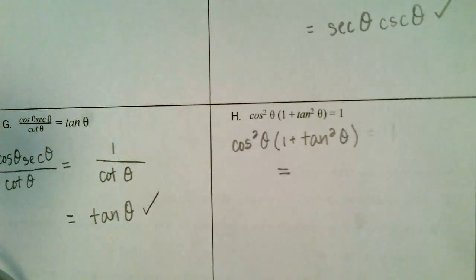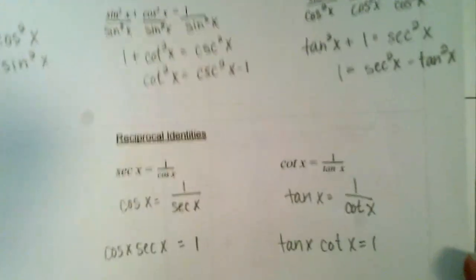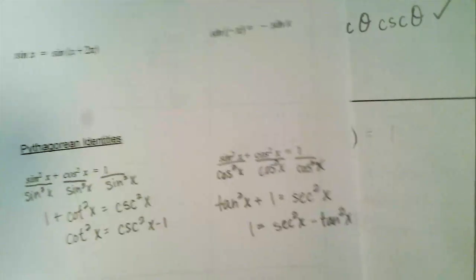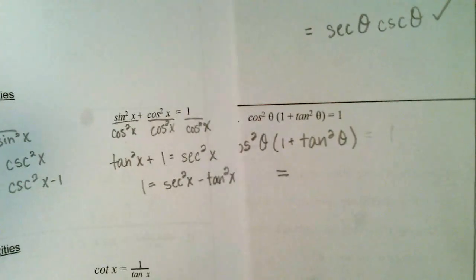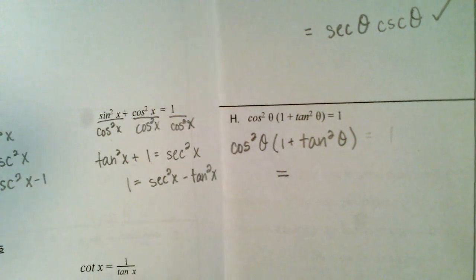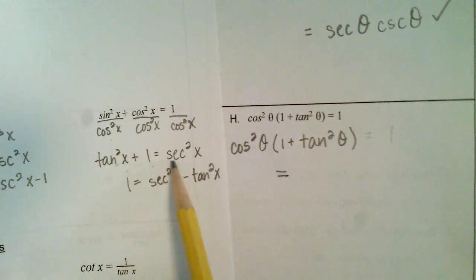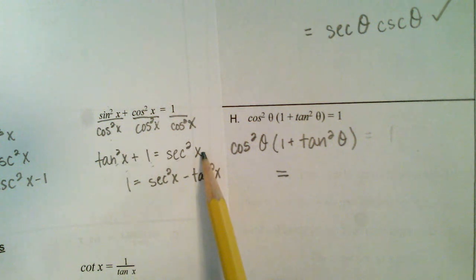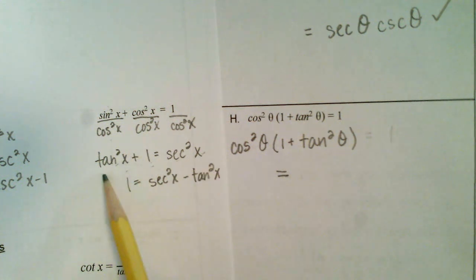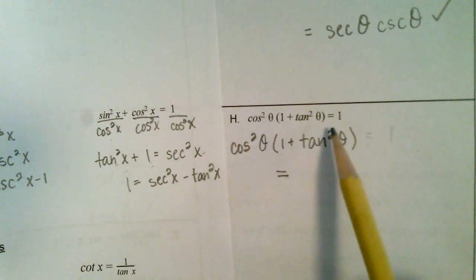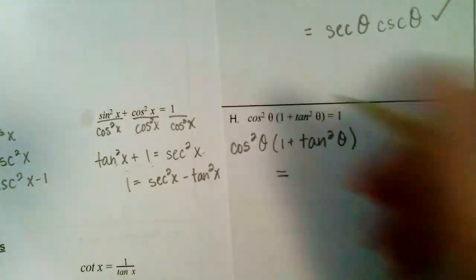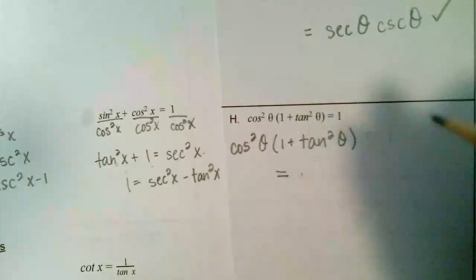So, looking back at my Pythagorean theorems, I can see that tan squared of x plus 1 is equal to secant squared of x. But we can flip the order, and 1 plus tan squared of theta is going to be equal to secant squared of theta.